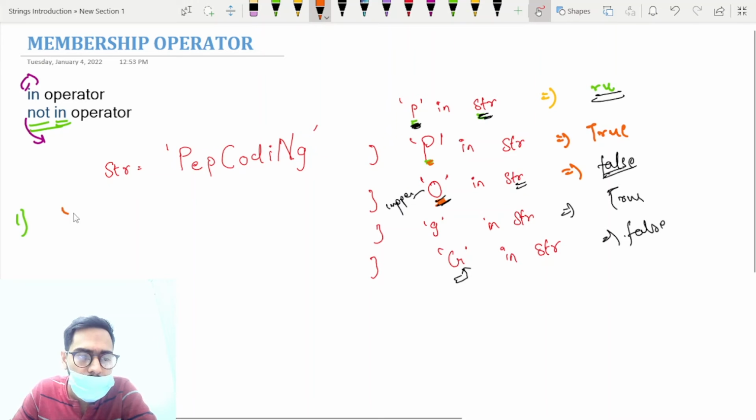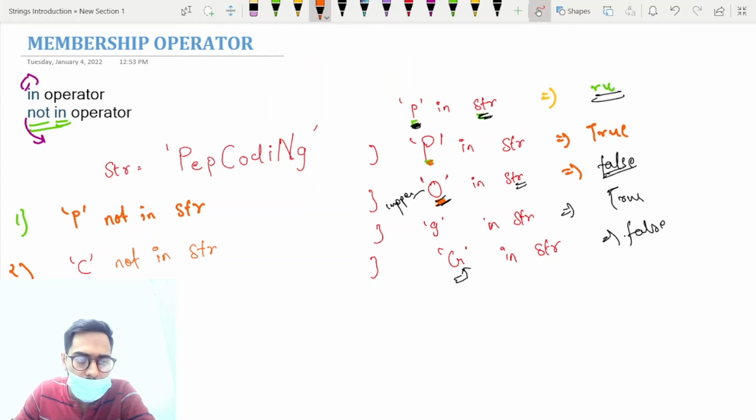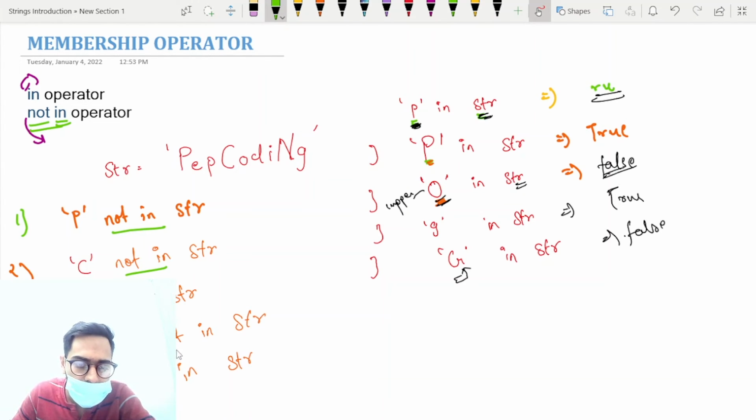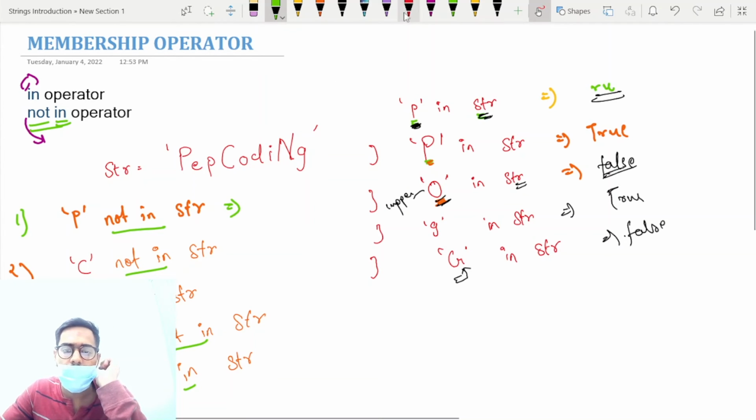Try to analyze the answers. Now, I'll highlight where all the operators are present. Now, try to analyze the answer for it.